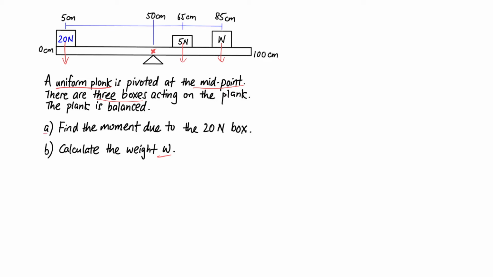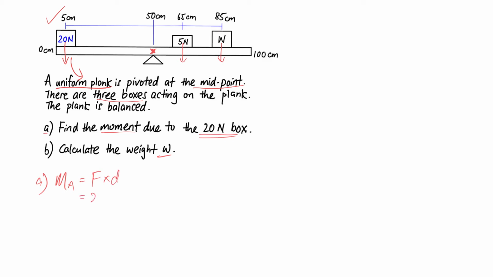So firstly, in a way they are trying to guide you. They ask you to find the moment due to the 20 Newton box, which is the one over here, and you should know that the pivot is here. This 20 Newton is going to create an anti-clockwise moment about the pivot point. So A is very straightforward, and they are helping you. You know that 20 Newton is creating an anti-clockwise moment, and moment is force times distance.